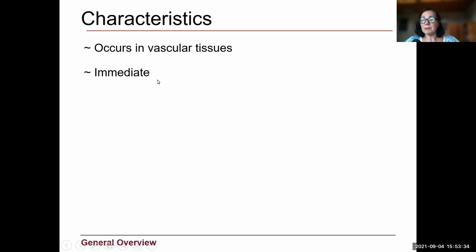The response is immediate, because the cells are stationed there. We talked about how mast cells are in the tissues, and so are the macrophages. They're already in place. You're going to get a response within minutes, and definitely within the first 24 hours. The response is non-specific. This is in contrast to what we're going to see with the lymphocytes that are specific for a particular shape.